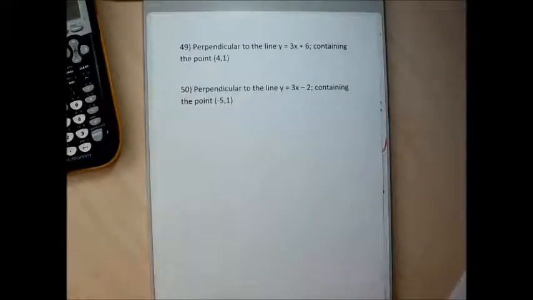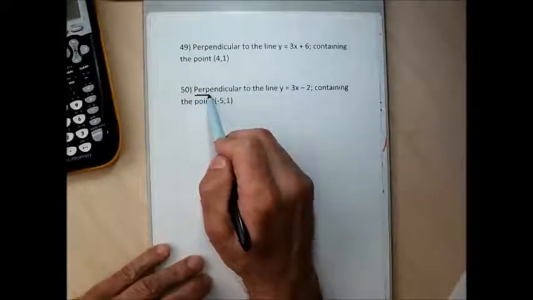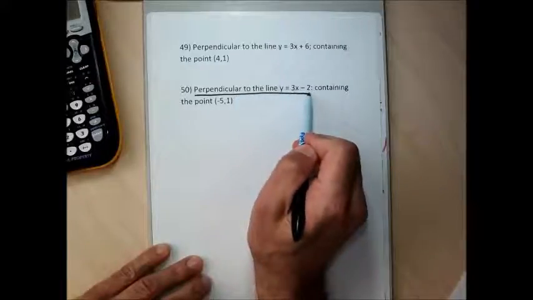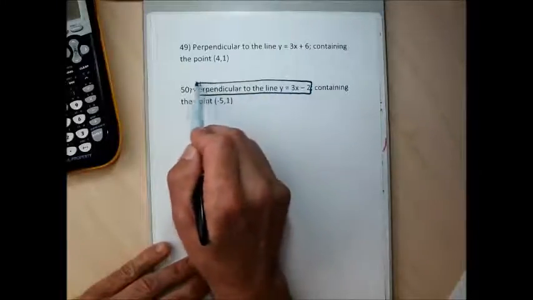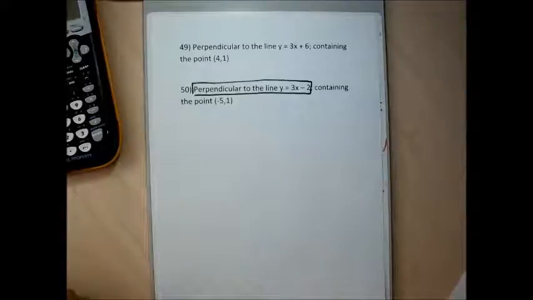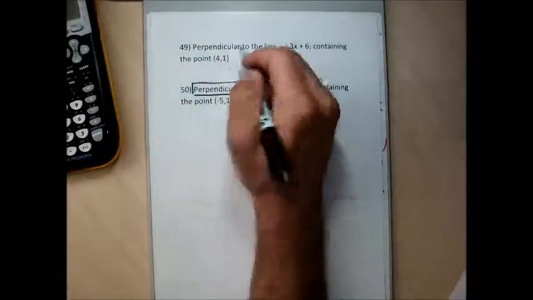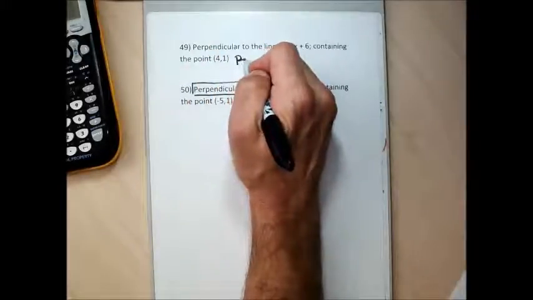All right. 49 and 50 are similar but harder. So it gives me some information about a line that's going to help me figure out the slope. It says my line is going to be perpendicular to the line y equals 3x minus 2. Perpendicular lines don't have equal slopes.